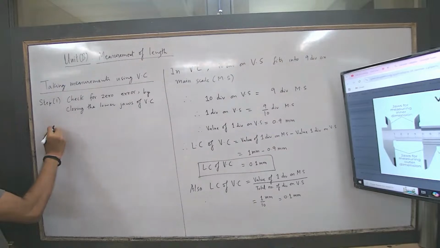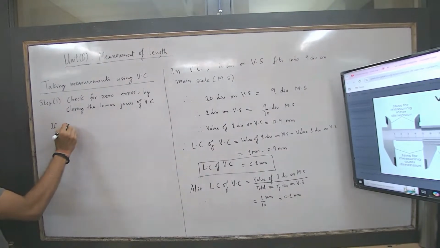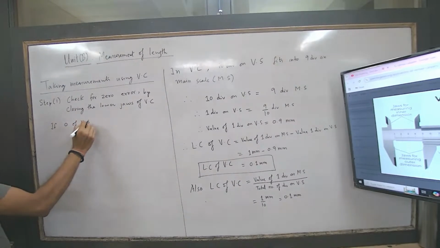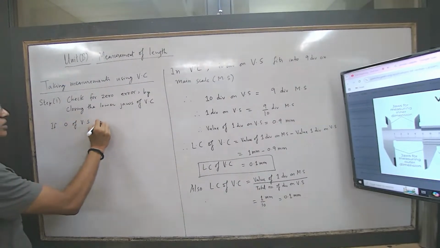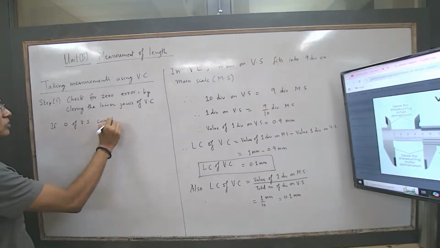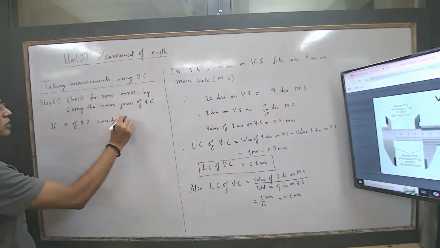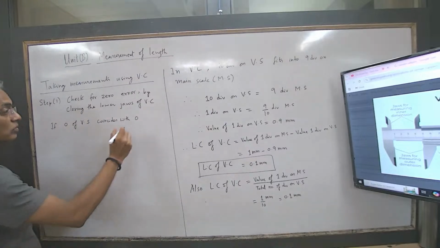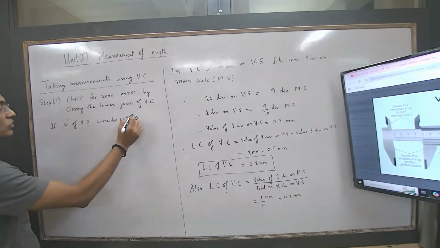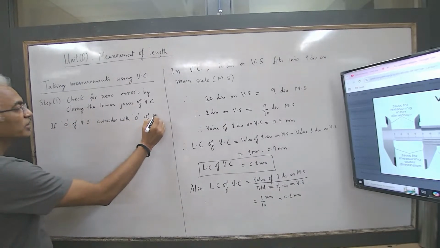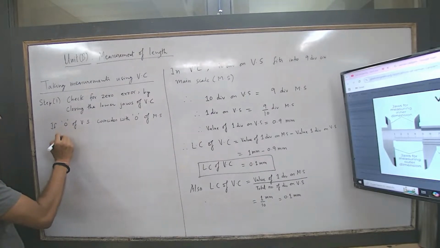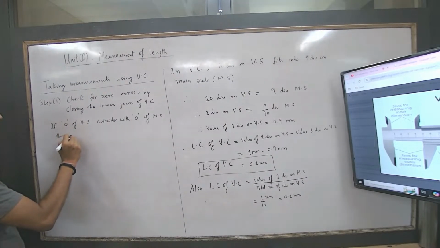If zero of vernier scale coincides with zero of main scale, then no zero error.